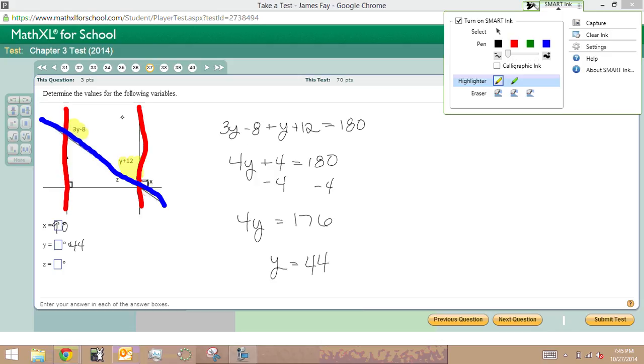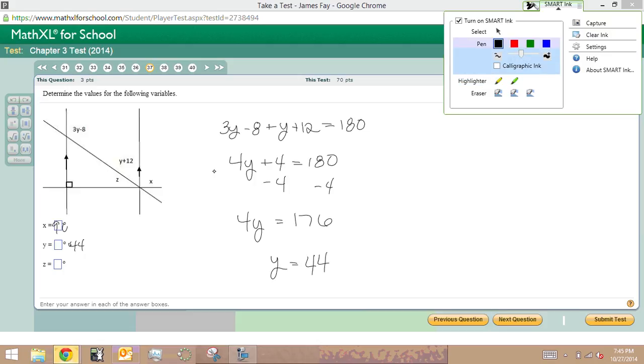Now if I want to find z, there are several approaches I can use. I suggest that now that you know y is 44, this angle here is going to be 44 plus 12. Oh, sorry, not 52, 56.